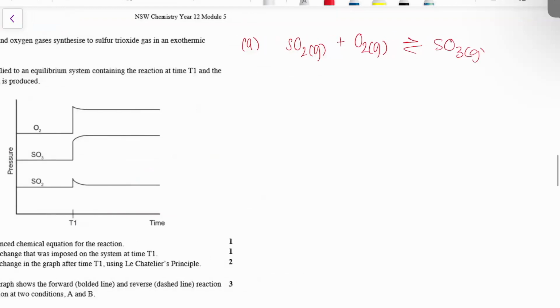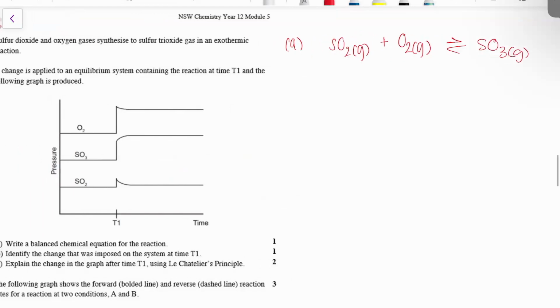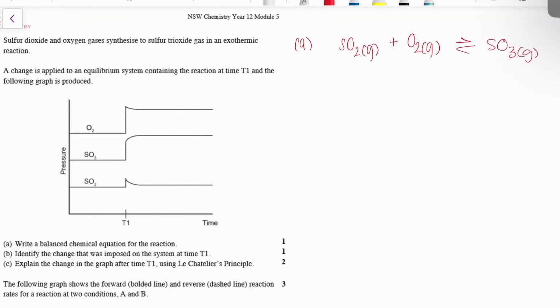And how do we balance this equation? Half on the O2 here would give me half times 2, which gives me 1, plus the O2 will give me 3, just like it is on the right.